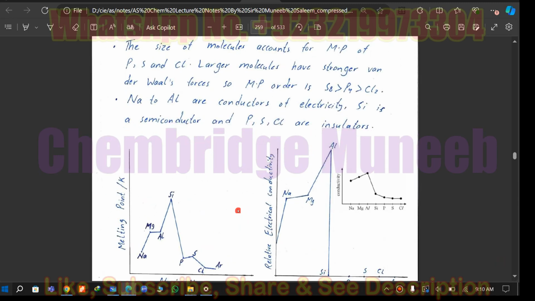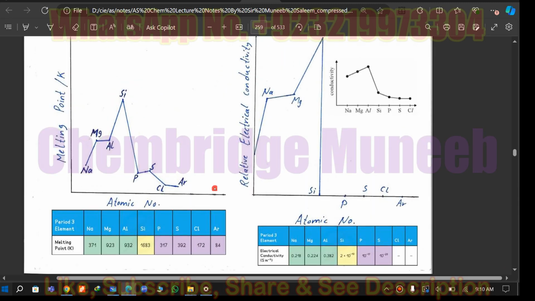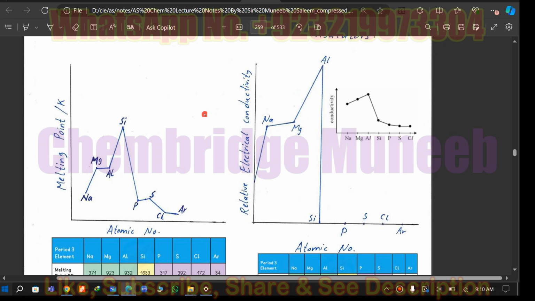Now this is a page from my lecture notes. On this page you can find 2 or 3 charts in which the properties of melting point and electrical conductivity are shown. If I zoom in here, in terms of electrical conductivity you can see that magnesium has a higher electrical conductivity than sulfur, and in terms of melting point, magnesium has a higher melting point than sulfur.